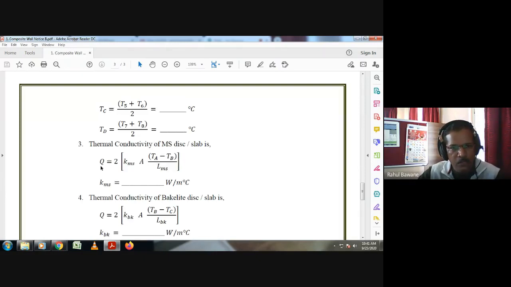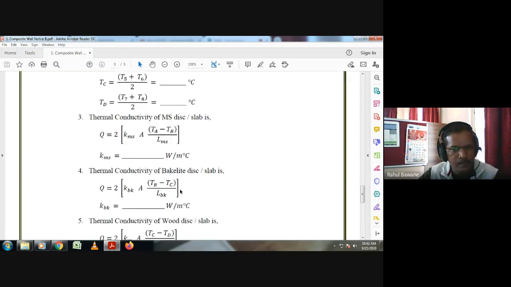We already know the Q value. Area is calculated from the diameter. TA we already calculated in the previous step. TB we know the value. Thickness of the MS plate, that is the length of the MS plate, is given in the observations. So from this we can find the thermal conductivity of the MS plate in watt per meter Kelvin or degree centigrade.